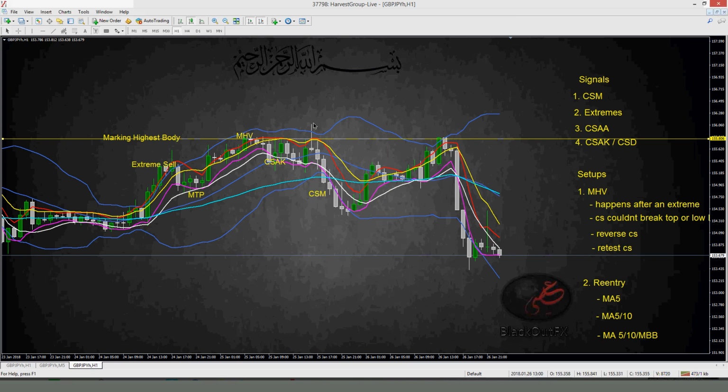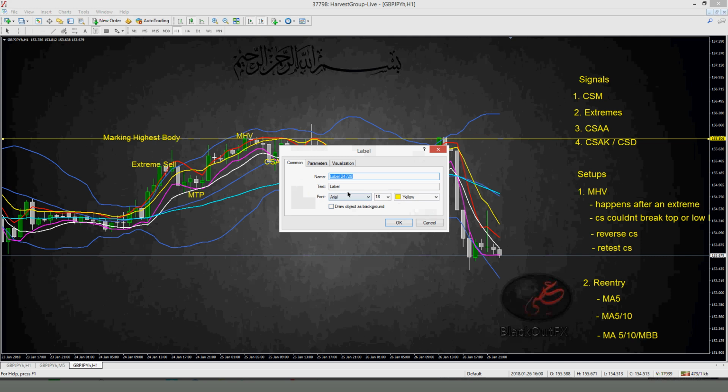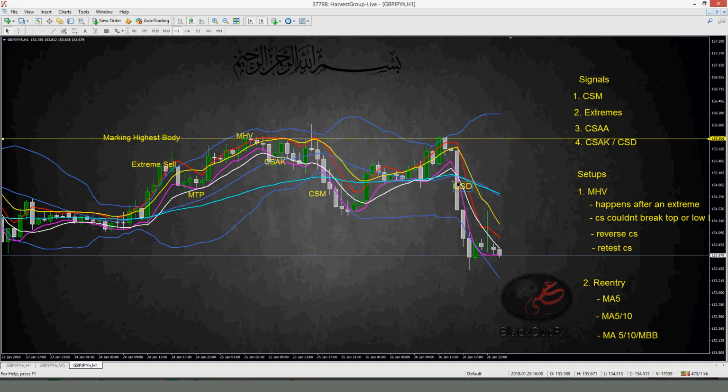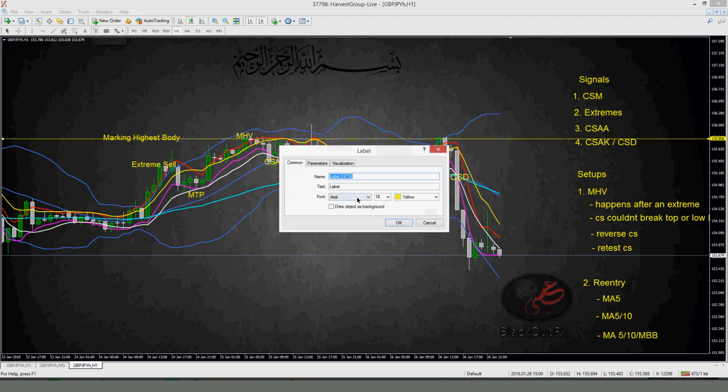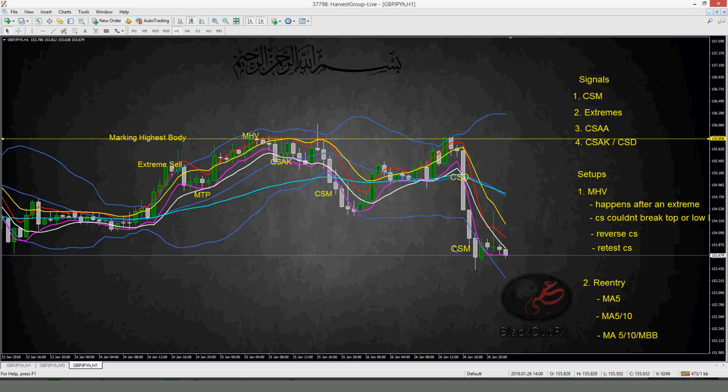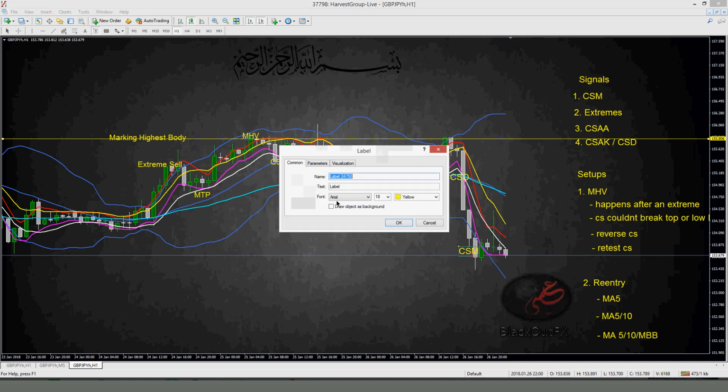So over here, we have candlestick direction, okay, and then we have CSM. So as I said earlier on, CSM is a signal of market strength, a candle that closes outside of the Bollinger Band, and every first CSM will create a re-entry.